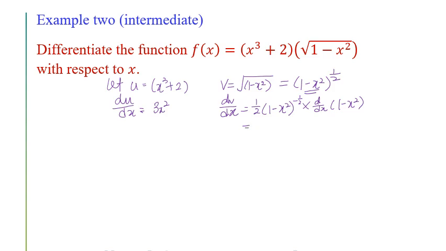Okay, I'm going to do it simultaneously. So this will be half times 1 over 1 minus x squared to the power half, right? Change it to radical form will be just square root 1 minus x squared.